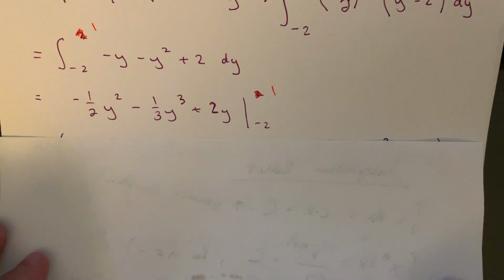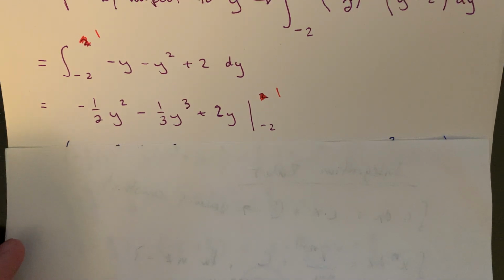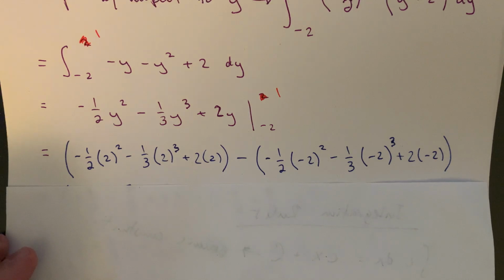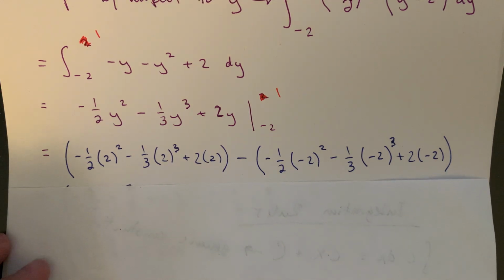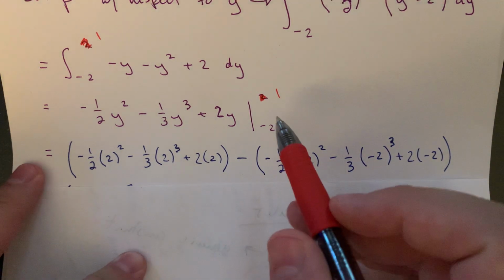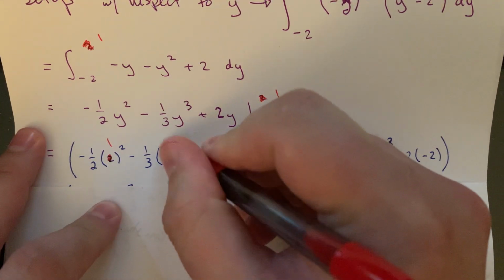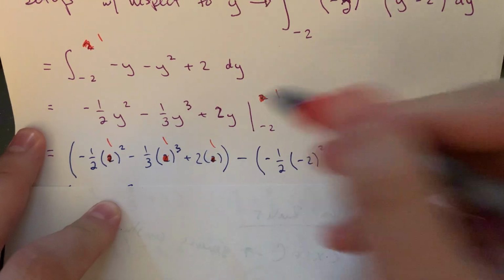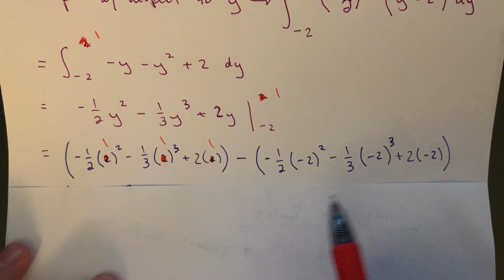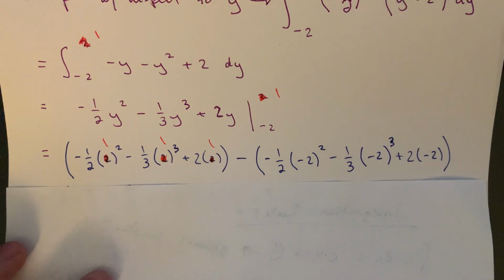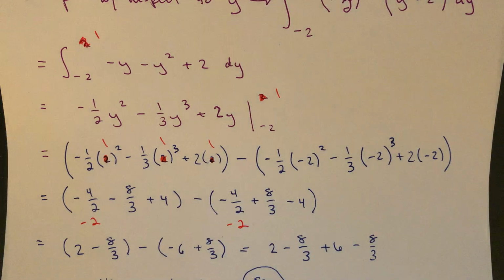Let's keep it going. All these numbers, if I'm subbing these in, these should be 1s instead of 2s, and then everything here should be negative 2. So that's going to change some of these values.